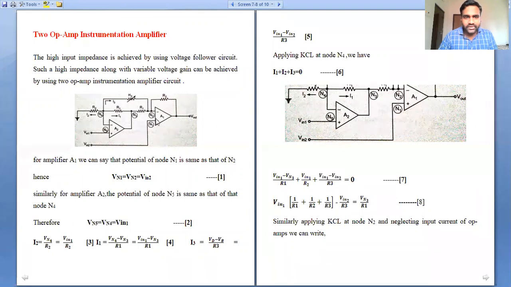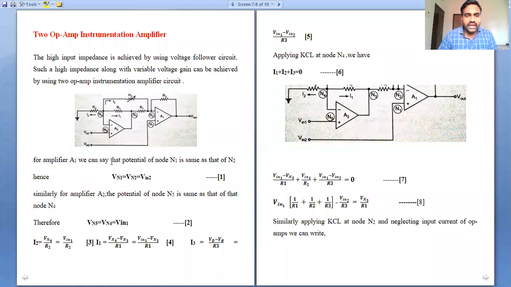As per the operational amplifier principle, the voltage at node 1 is equal to the voltage at node 2, which is input voltage 2. With respect to the behavior of operational amplifier 2, the voltage at node 5 is the same as the voltage at node 4 at this virtual earth point. So the voltage at node 5 is equal to the voltage at node 4, which is equal to V input 1.